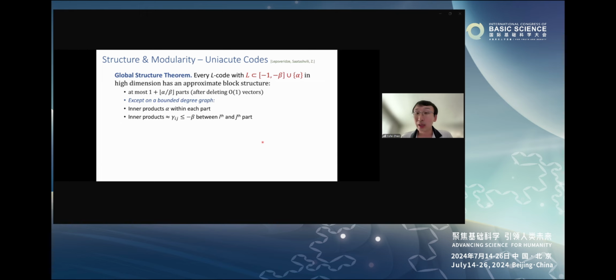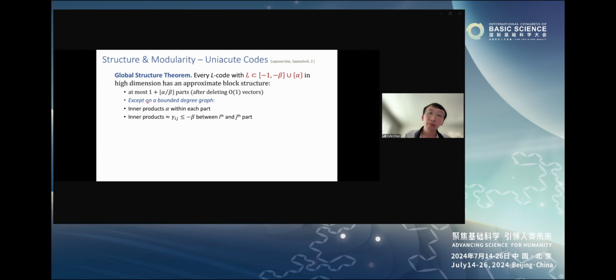So we prove something that looks like a global structure theorem, which says that if you start with a problem of this form and think about what the geometry might look like and what the combinatorics might look like, it has a certain approximate block structure where, after deleting some small number of vectors, there's at most some bounded number of parts.